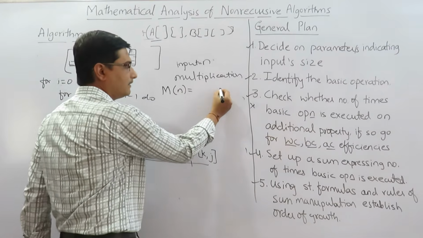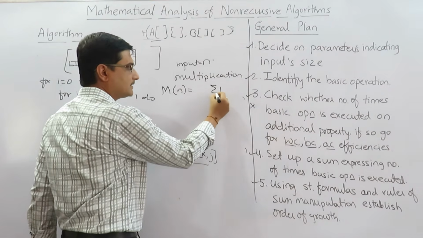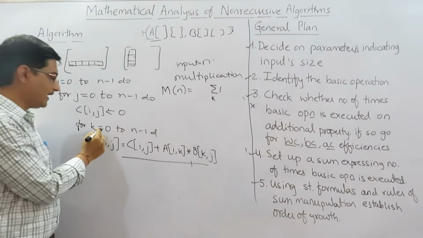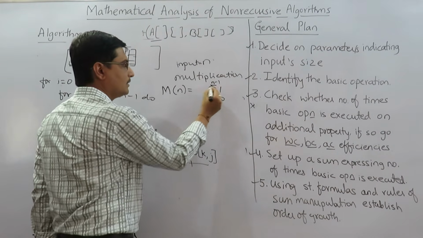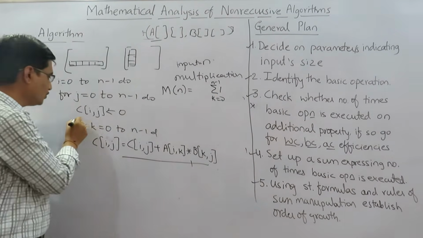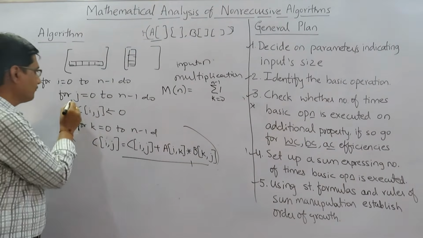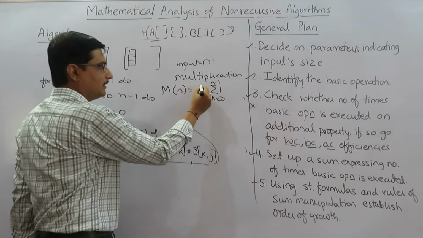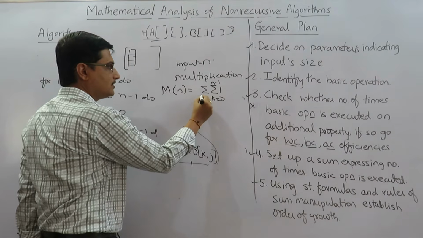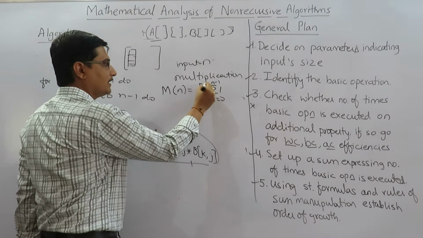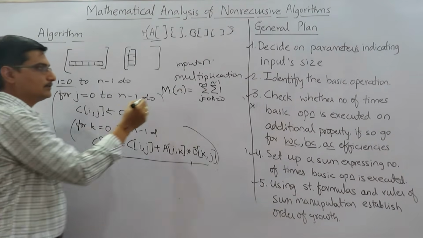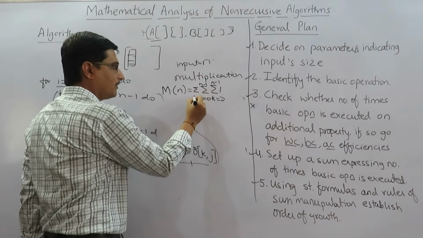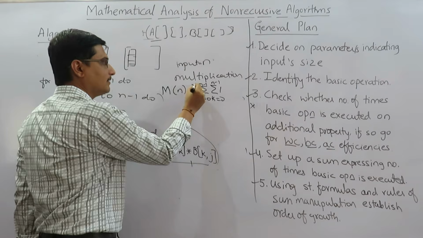This multiplication is going to happen one time for each k, from k equal to 0 to n minus 1, and this loop will be executed for every j. So this will be summation from j equal to 0 to n minus 1. This loop will be executed for every i, so this will be summation from i equal to 0 to n minus 1.